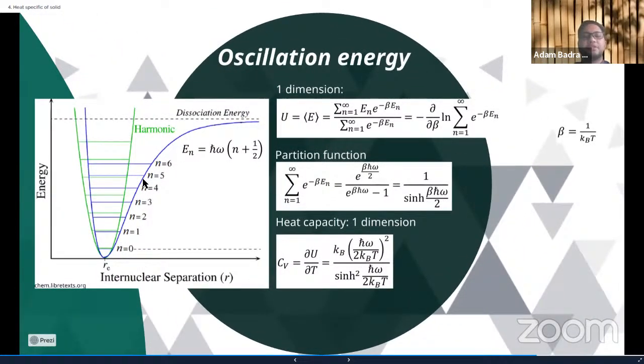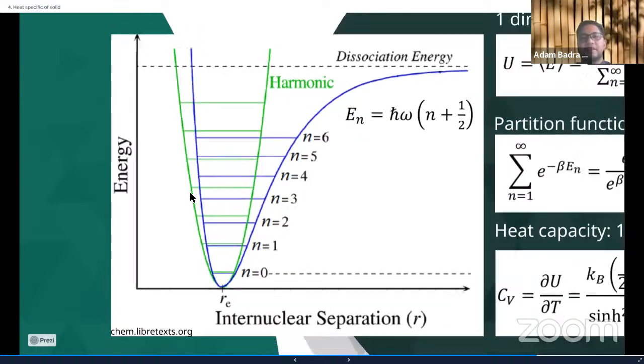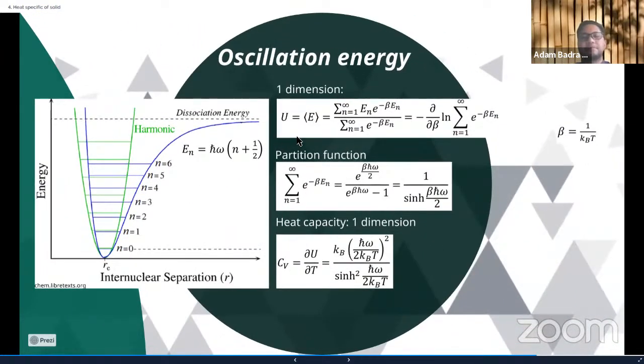The actual potential doesn't exactly look parabolic, but it can be approximated using a harmonic potential, and using that we can calculate the oscillation energy. This is statistical physics.